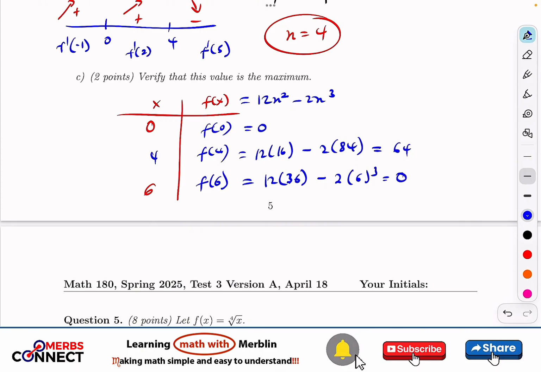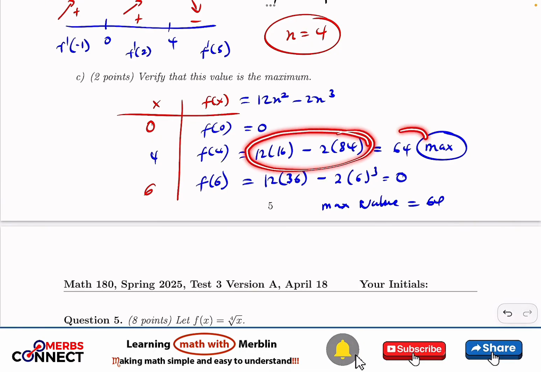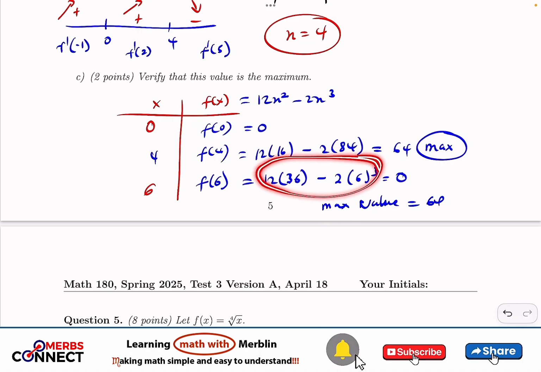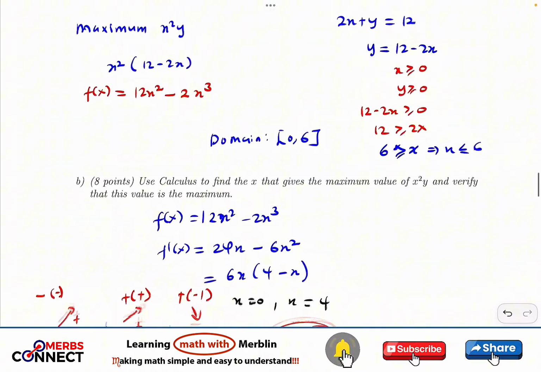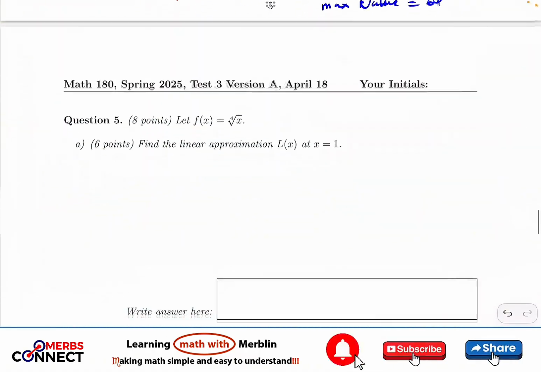So we can see that indeed the maximum is still at this here, right? So we can see that the maximum value is 64. But you can just use a calculator to figure this out and confirm if it is indeed 64 and this one indeed 0. So that's what you are going to get for question 4.